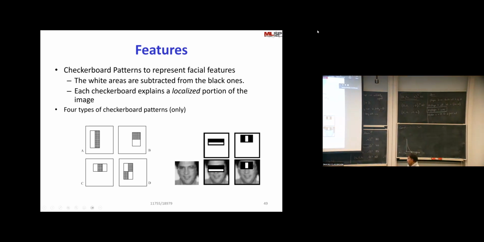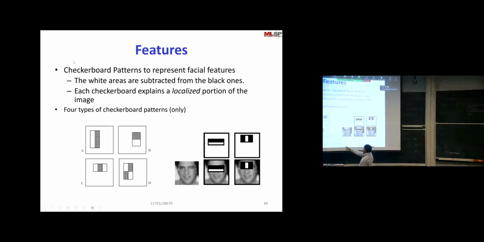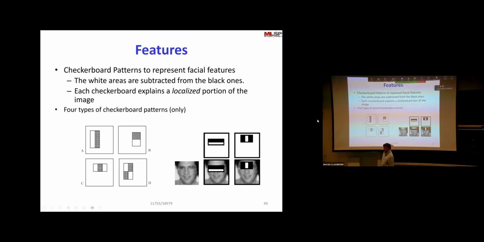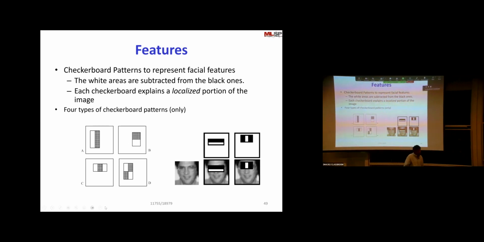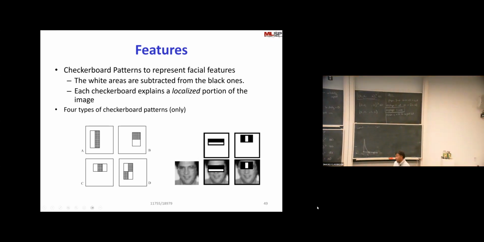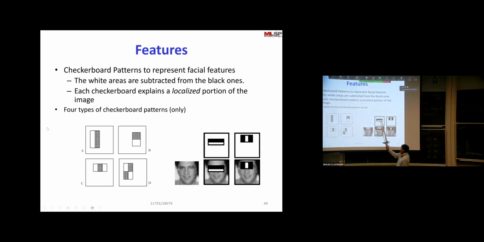And so if I wanted to place one of these patches in horizontal form, then all I would need to do is, here's the image. I could put this right on top of my eyes, and it's going to give me a feature that tells me something about the presence or absence of an eye.